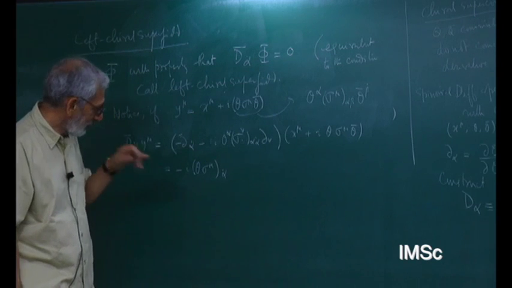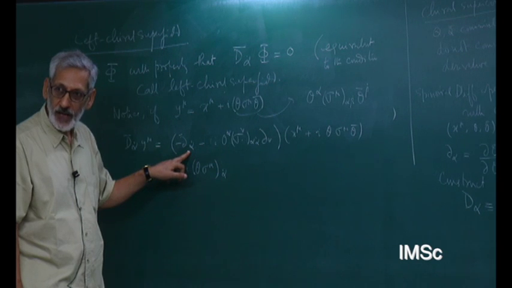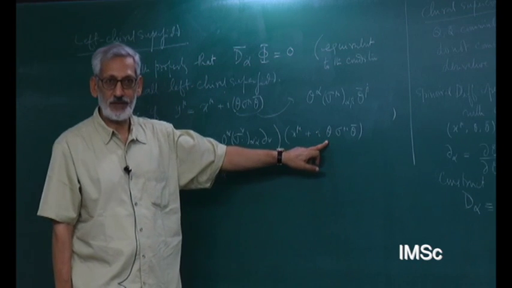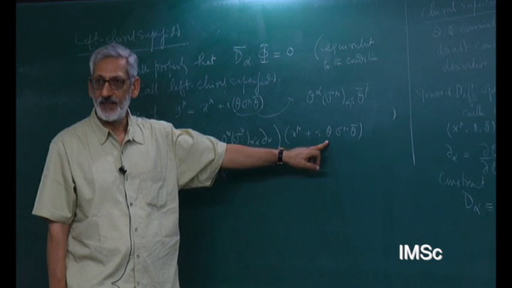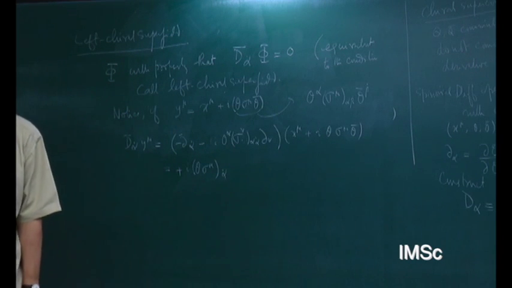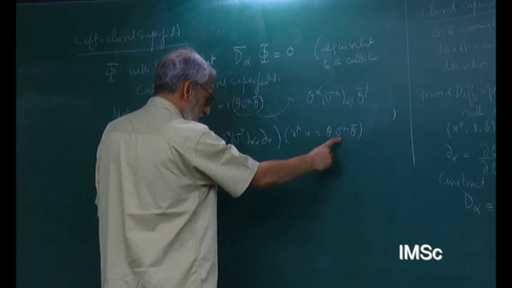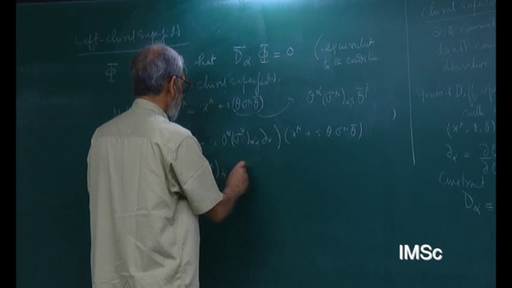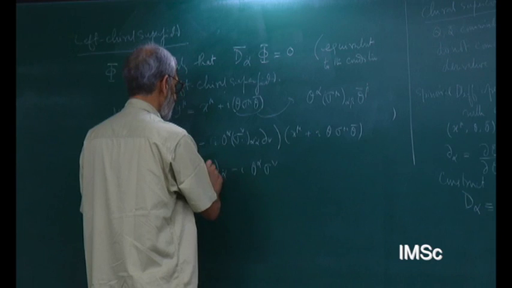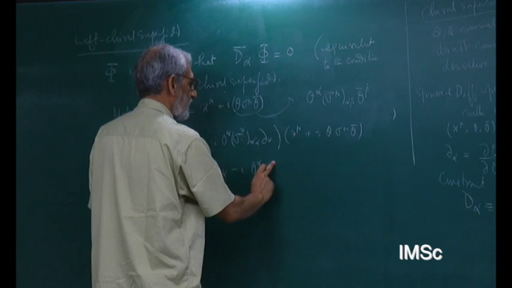A little care: this derivative is with respect to the alpha dot, it's a d bar. In order to hit this, I have to go across this theta. There will be a change of sign, so that makes it plus. Now let me operate on this object. This object does not operate on this because there is no x mu; it operates here, and you get an answer.